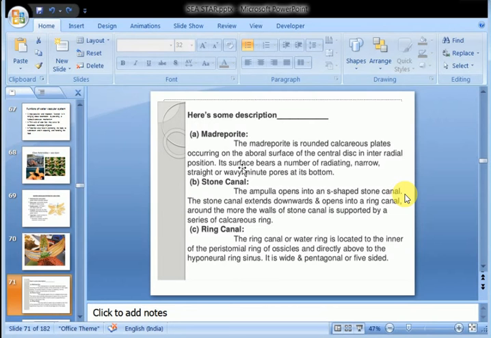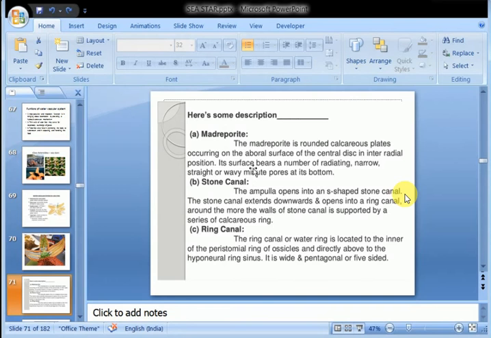So it is not that ampulla here. The ampulla is the collecting part of this, beneath the madreporite before leading into this, right? Then the ampulla opens into the S-shaped stone canal, right? So ampulla is just a collecting sac, right?